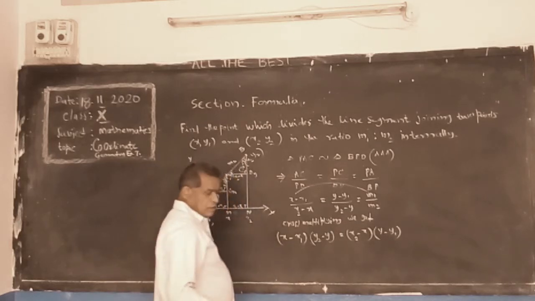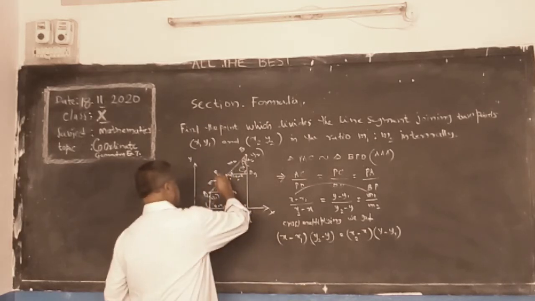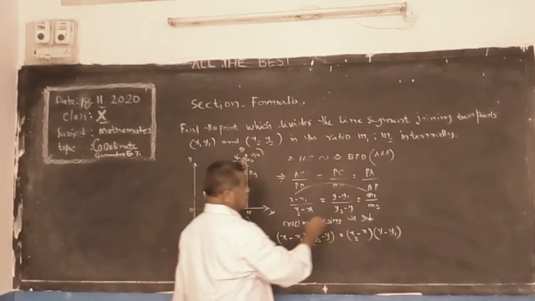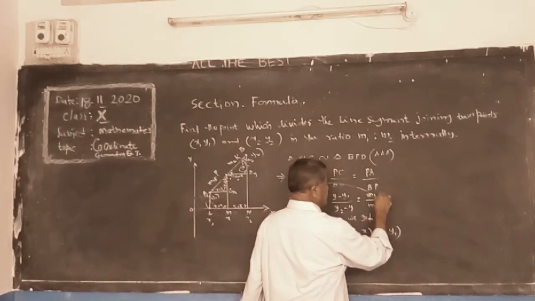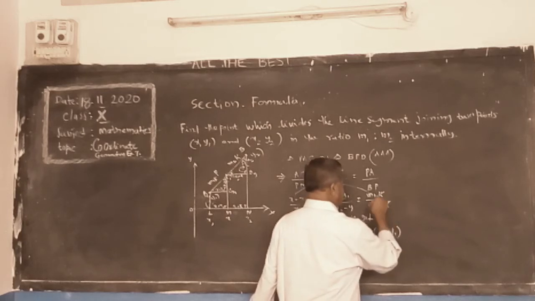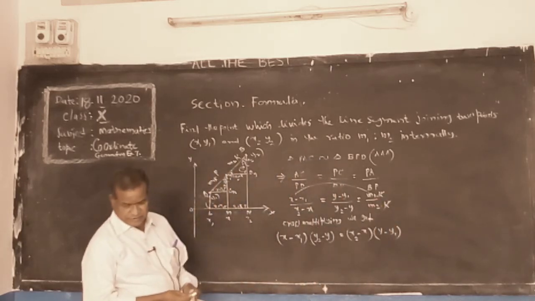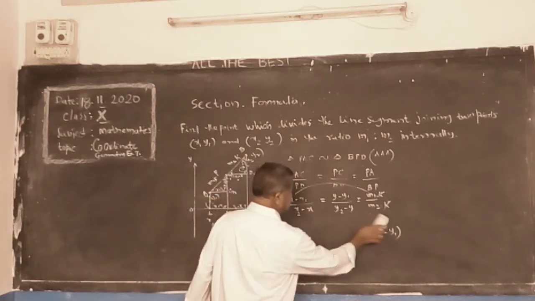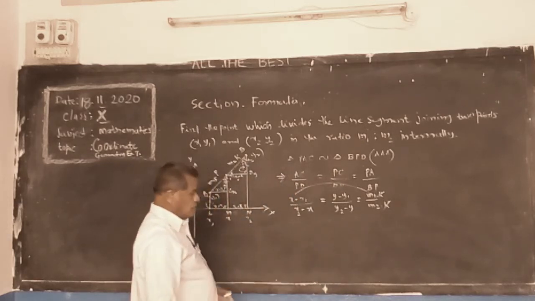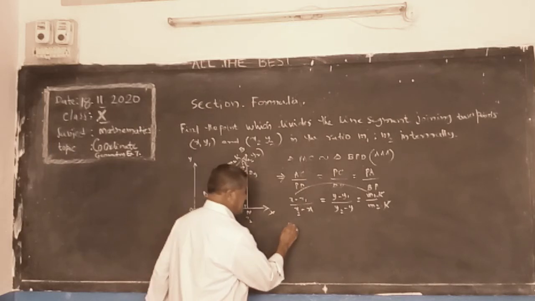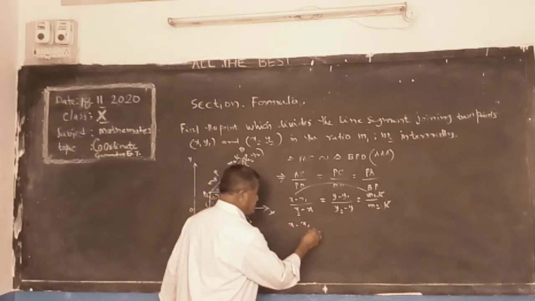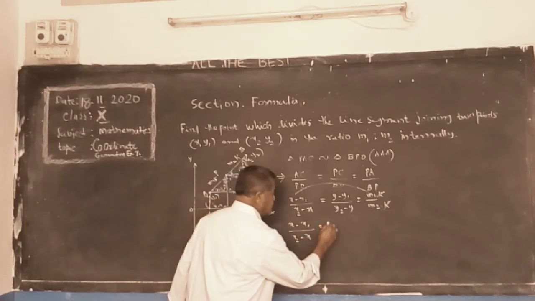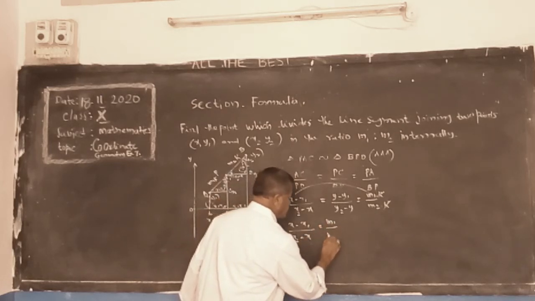Now, if we take a constant multiple k, since it is a given ratio, the k cancels, and again this is m1 by m2 only. Now let us take the relation (x minus x1) by (x2 minus x) is equal to m1 by m2.